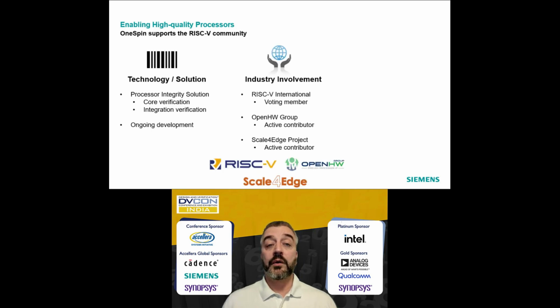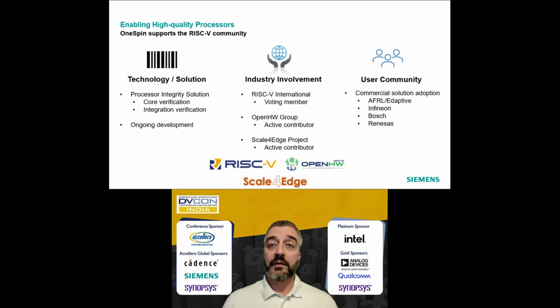We are working in the RISC-V standard organization, RISC-V International Open Hardware, but also working in funded projects. And finally, there's a broad user base of accounts using formal processor verification with OneSpin in general in the automotive industry, and also recently starting up quite some vibrant community around RISC-V.